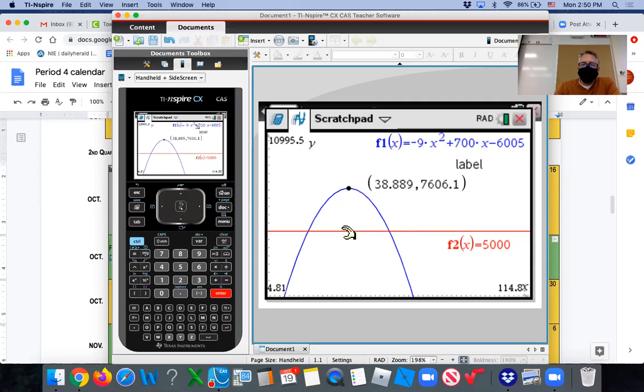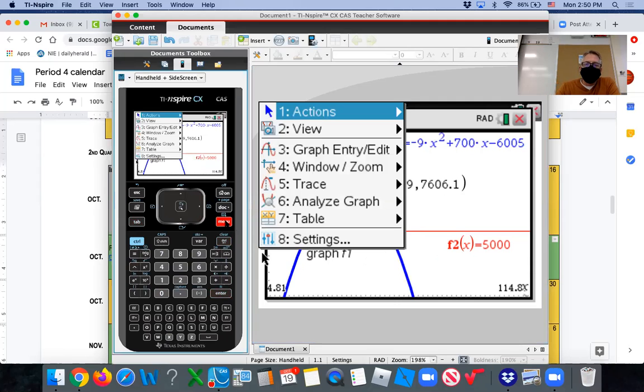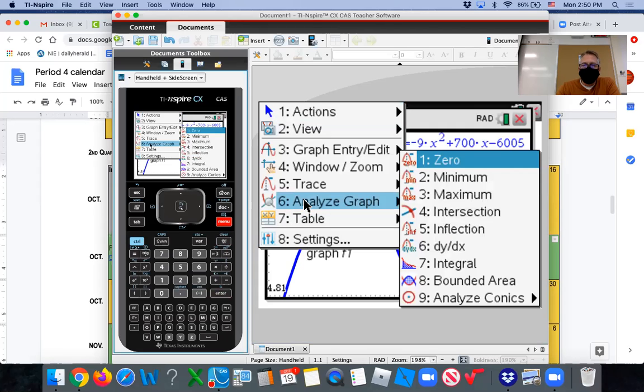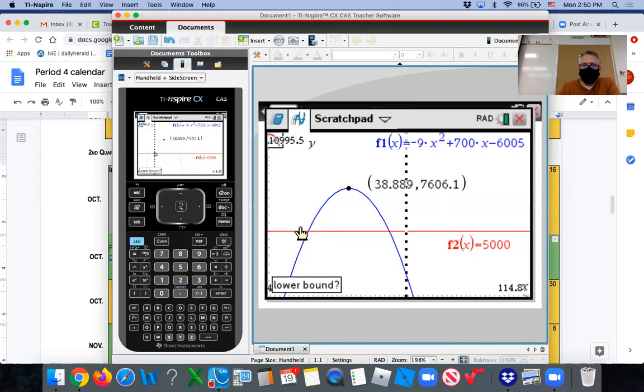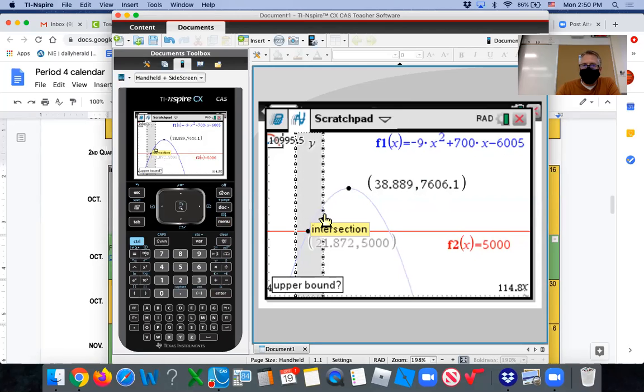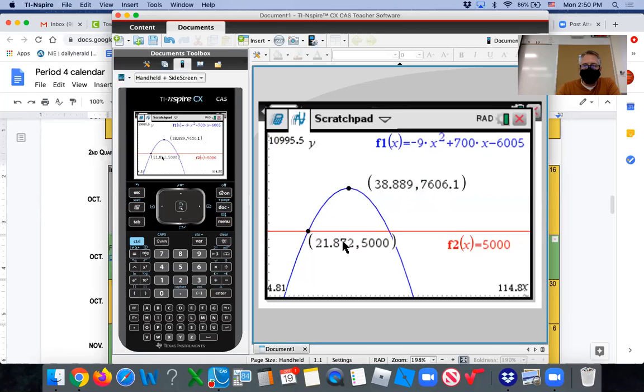All right, so I want to find these points here, these intersection points. So I'll go to menu and analyze graph, and it's going to allow me to find an intersection. So I'll move to the left of the intersection, and you have to find them one at a time. You can't do them both at the same time, unfortunately.